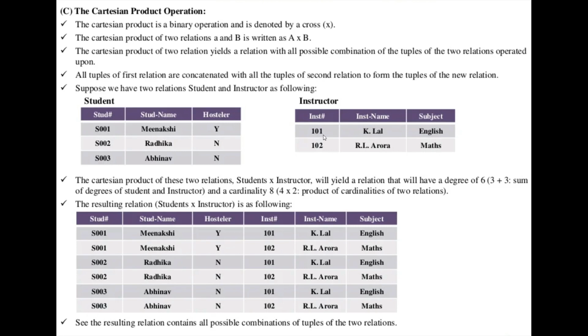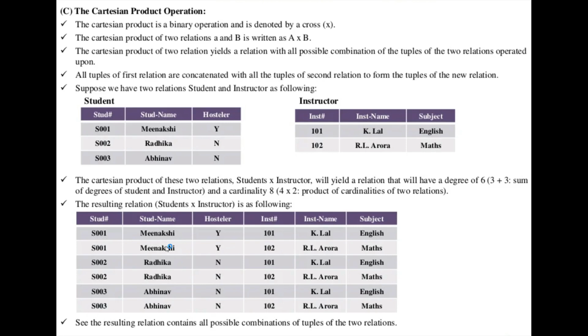2. 101, 102. So what is going to happen is, first record of this table will multiply to first and second record. Second record of this table will multiply to again first and second record. Third record of this table will be again multiplied to first and second record. So 3 into 2 is 6. See here the output.